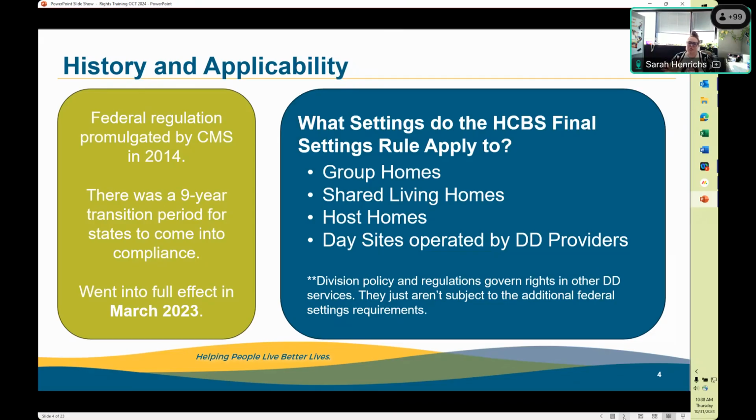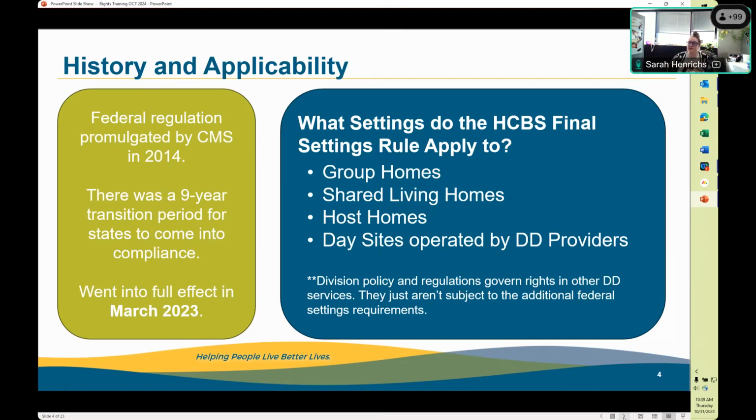And I'm like, whoa. The final settings rule applies to provider operated settings. So settings where intermittent services like independent living or supported family living, or in that situation, it was on the AD side, personal care services, these rules aren't applicable to those settings.